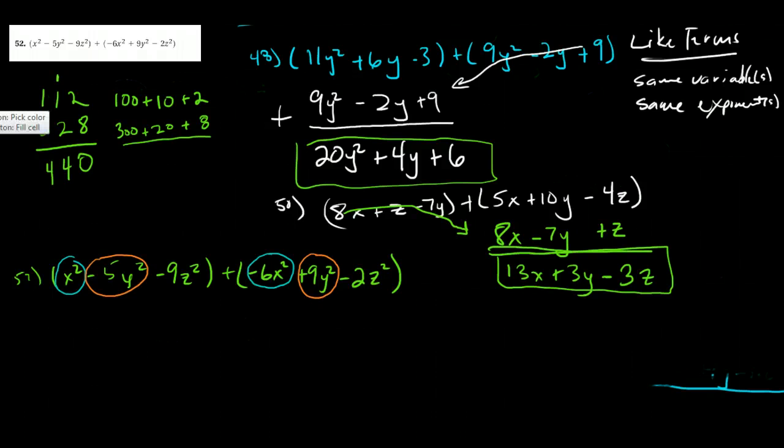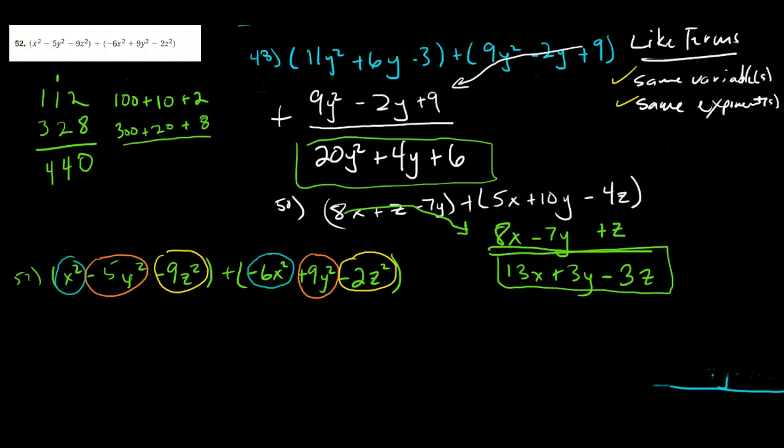And then finally, in the end, I have this minus 9z squared, and that's going to go with my negative 2z squared. So remember, like terms have to have the same variables and the same exponents, and that's what I've got here.